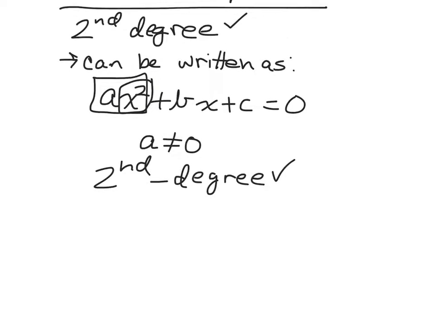Before we tackle that, we're going to look at something else that's going to seem like it's not related first. And so let's talk about something called the zero factor property.